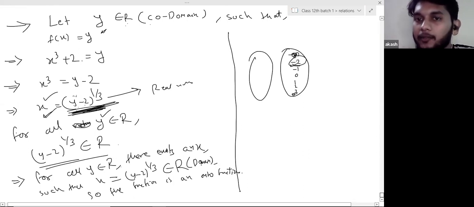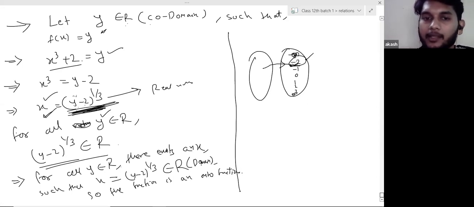That means if I put any value of y, there is a connection, right? There is an x, which if you put in this equation, you will get y as minus 2. Is this step clear? What I said there? And that is what we are trying to prove, right?